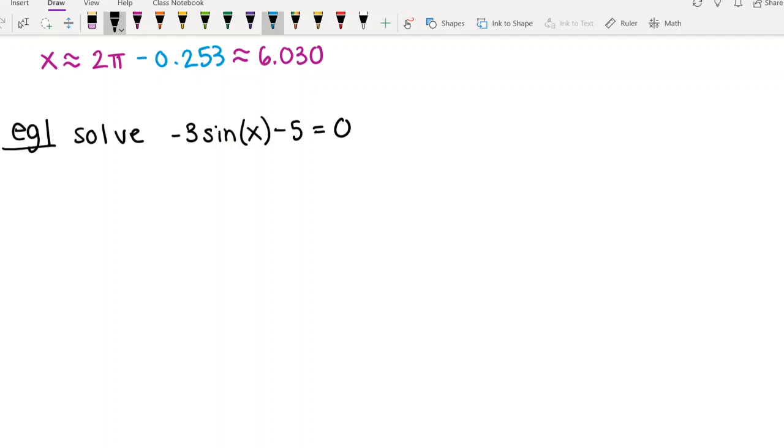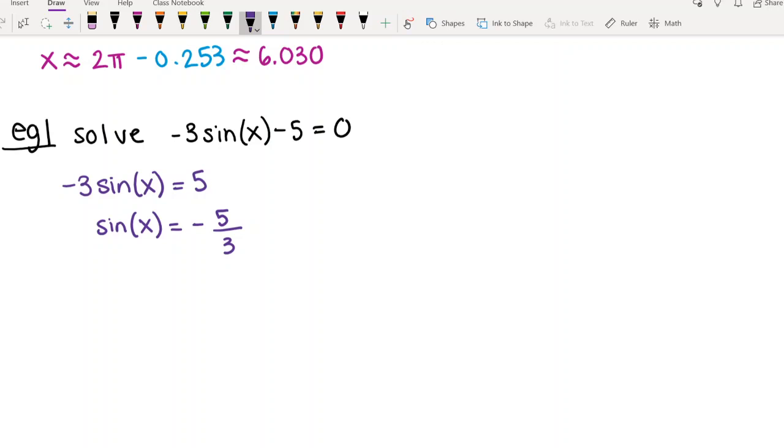So first step, like we did on the last ones, is to isolate sine of x. So we get negative 3 sine of x is equal to 5. Then we divide both sides by negative 3, so we get sine of x is equal to 5 over negative 3, or negative 5/3.